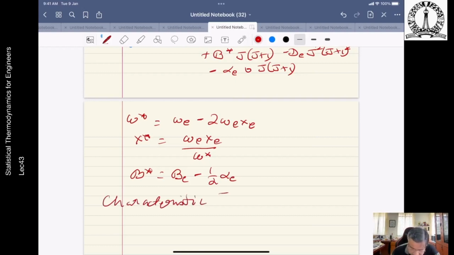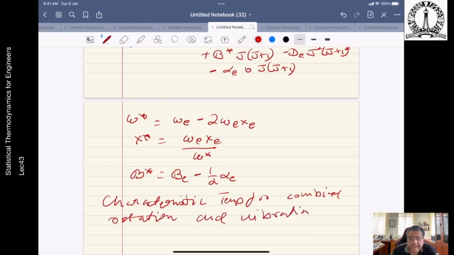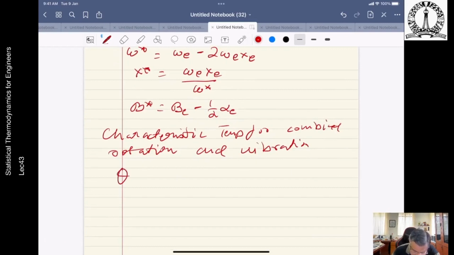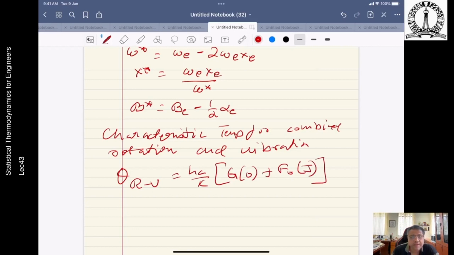So we can also define a characteristic temperature for combined rotation and vibration, theta RV equal to HC by K times GV plus FVJ.